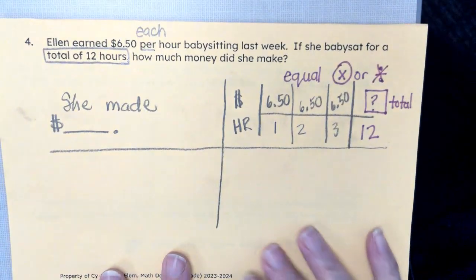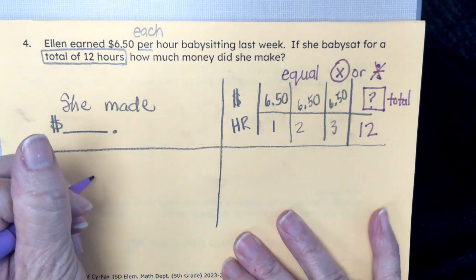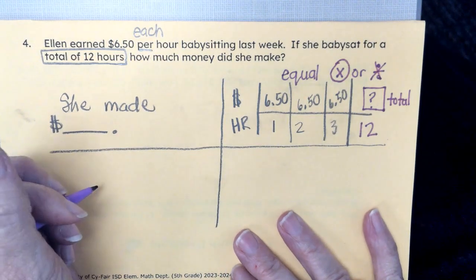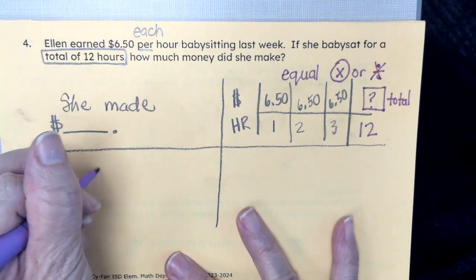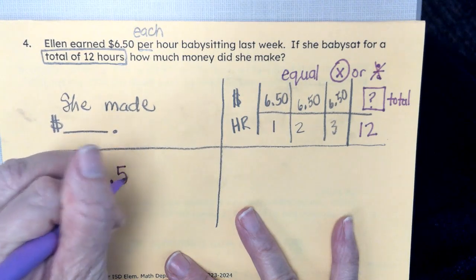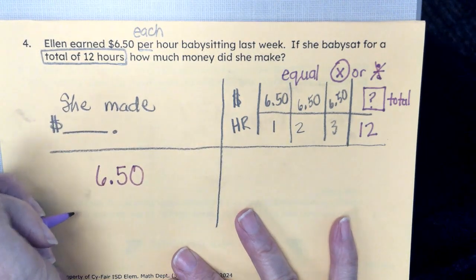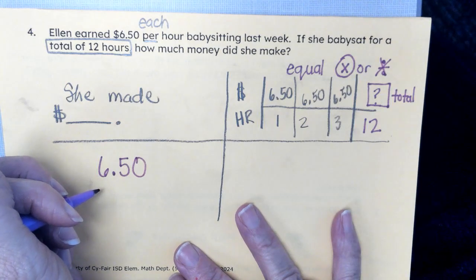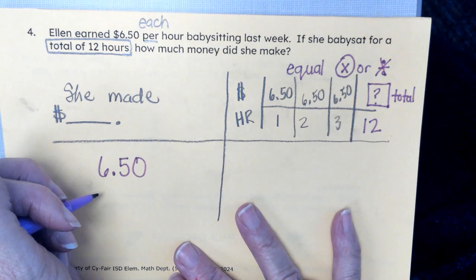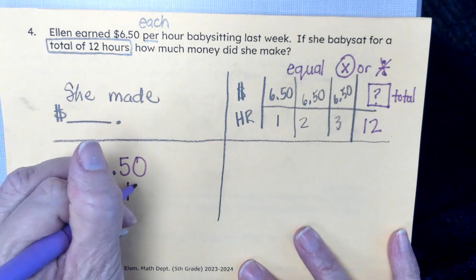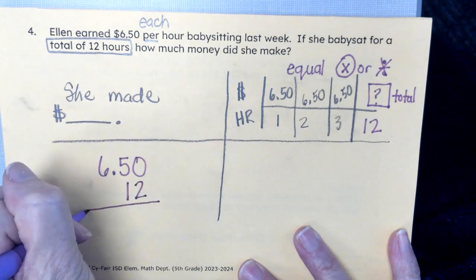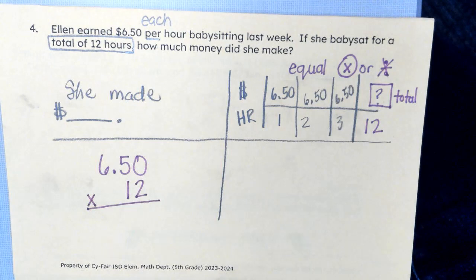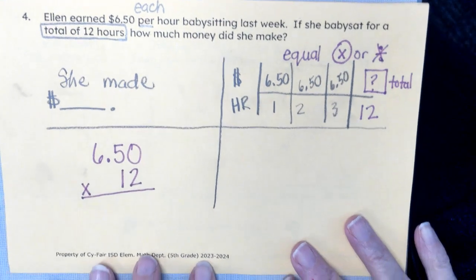So I'm going to set this problem up. This problem involves decimals, which is why I'm giving you some help. $6.50 goes on top because the number with more digits needs to go on top. Trust me, it's just easier that way. And we're going to multiply that dollar amount by the 12 hours.